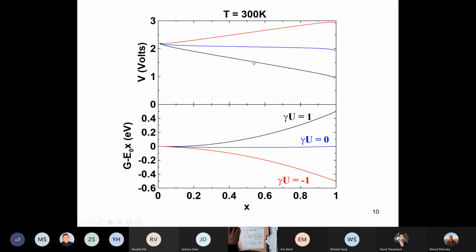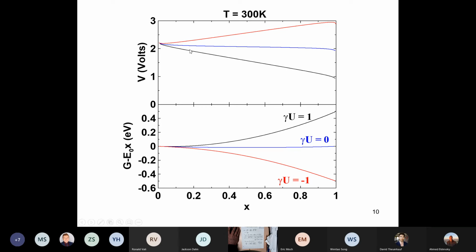The black curve is what you get if the interaction gamma times U is equal to 1 electron volt. So if gamma is 6, that means the near neighbor interaction is 0.16 electron volts.